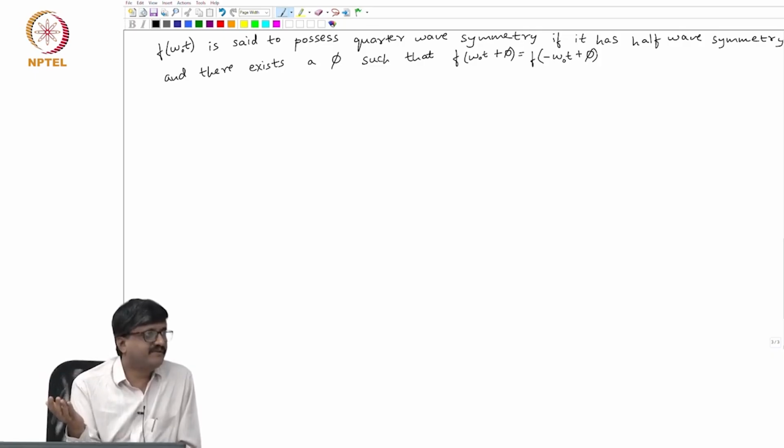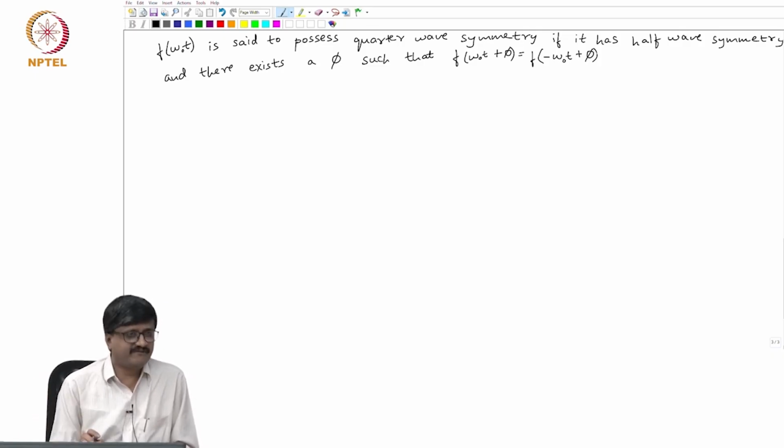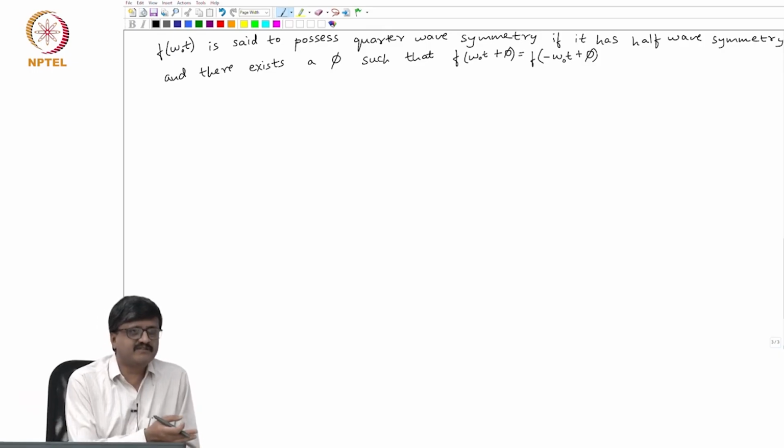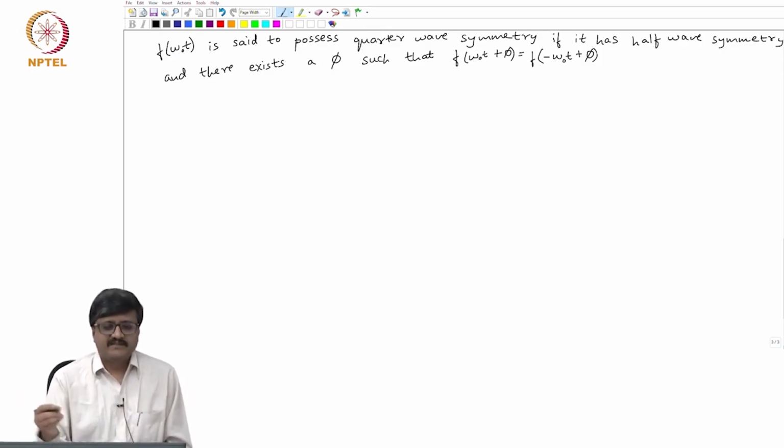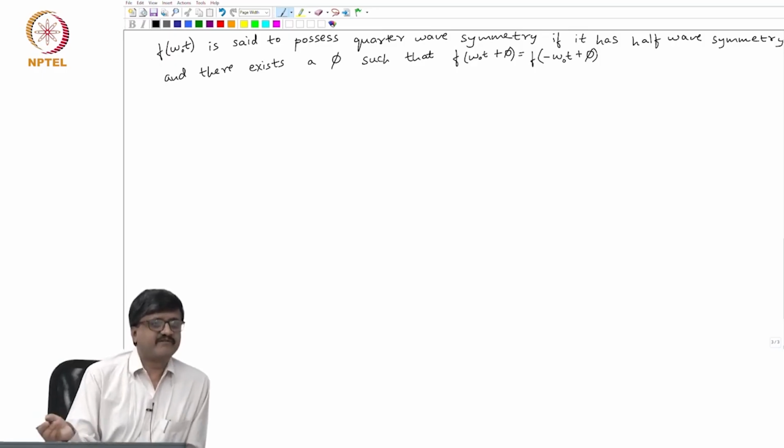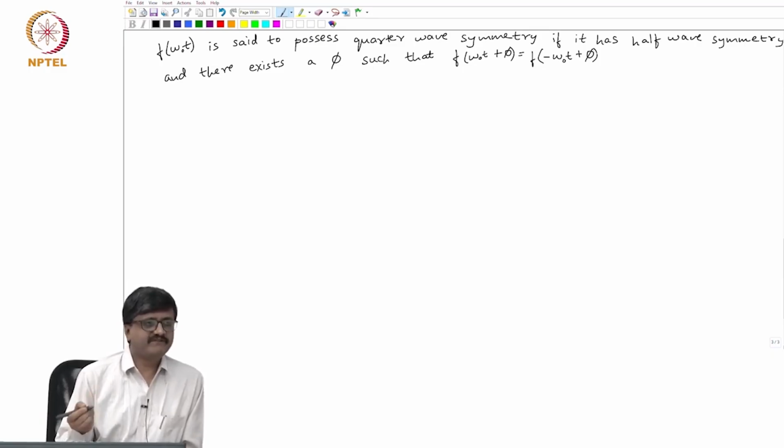Of course, it should always have half wave symmetry. Half wave symmetry and even function, we just now saw, has quarter wave symmetry. So, this is the very general definition of quarter wave symmetry. In general, f of omega o t need not be even or odd, but still it can have quarter wave symmetry.